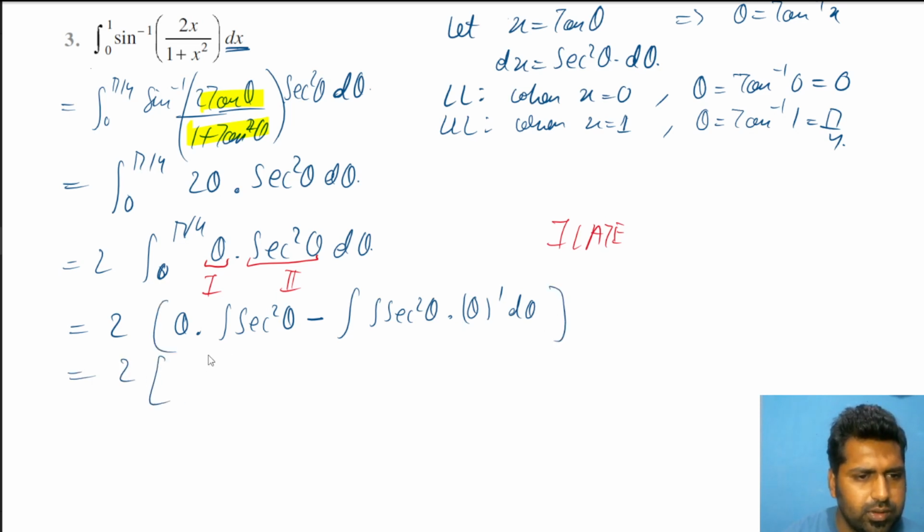So 2 into theta, sec square theta integration is tan theta d theta, of course, whenever integration is there, it's with respect to d theta. Minus integration of sec square is tan theta, and theta differentiation is 1.